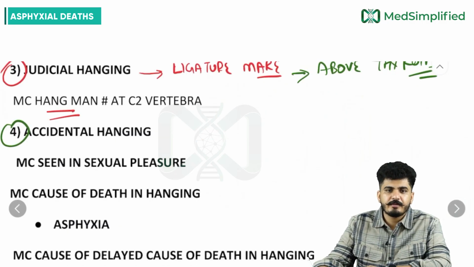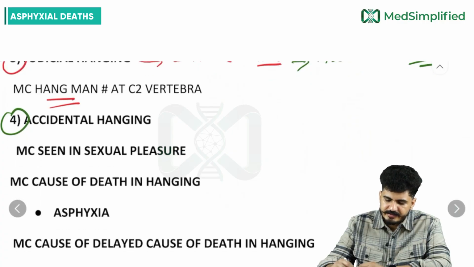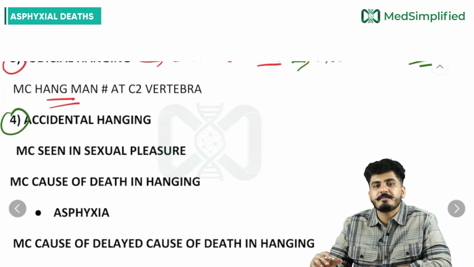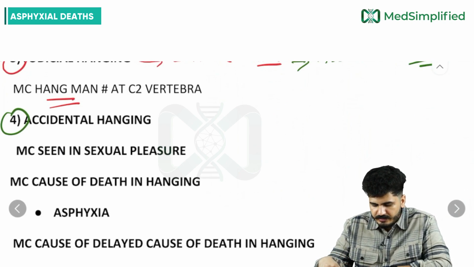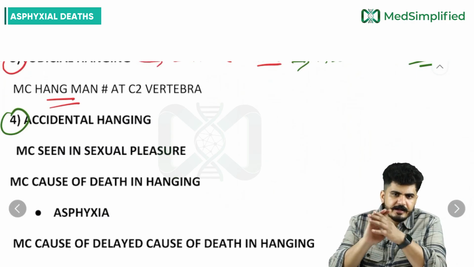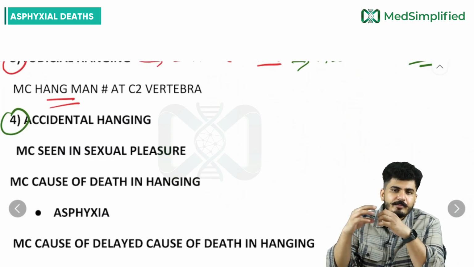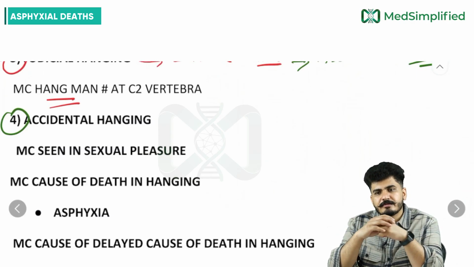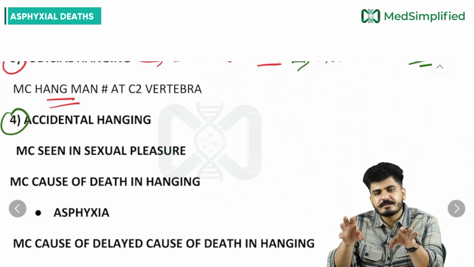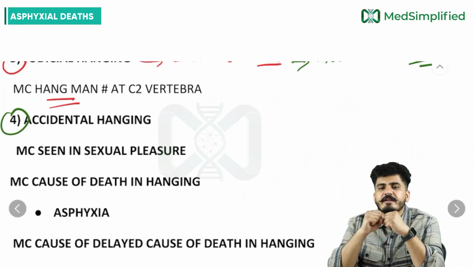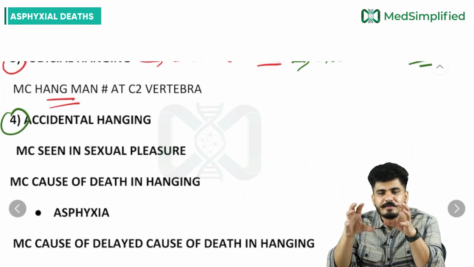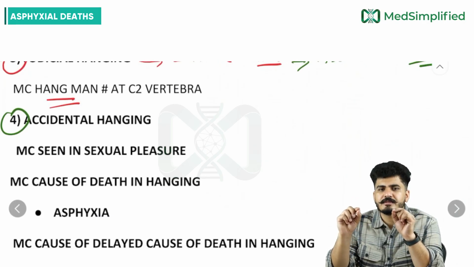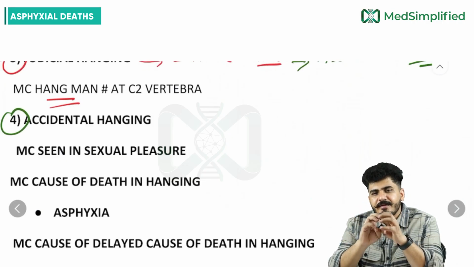Now, the fourth type of hanging is accidental hanging, and this is most commonly seen in sexual pleasure, what we can also call erotomania. The person feels good when someone is strangulating or choking the neck. That will compress the veins, which will cause hypoxia for a few seconds or minutes, and that will produce orgasm.